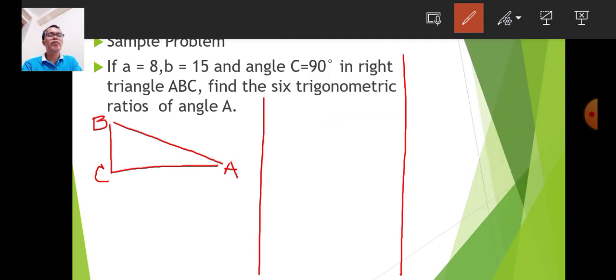We were given that side A equals 8, and side B is 15, and C is 90 degrees, a right angle. Angle A is the one we are told to find.